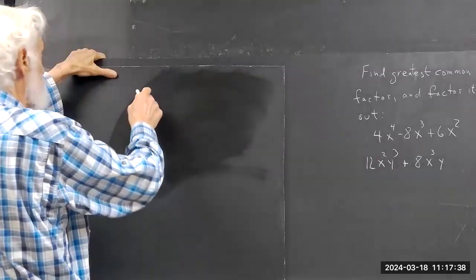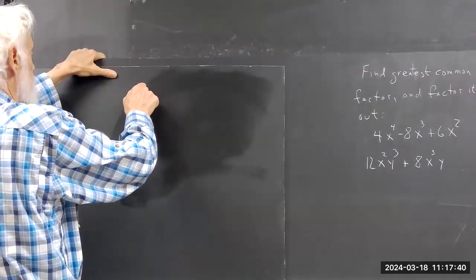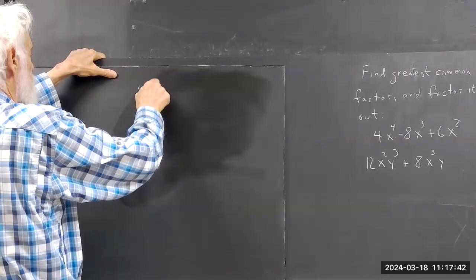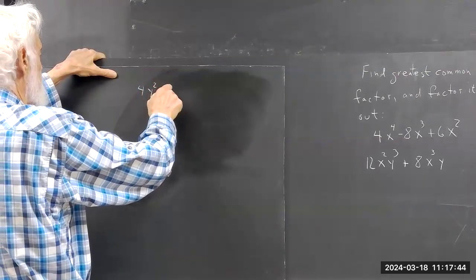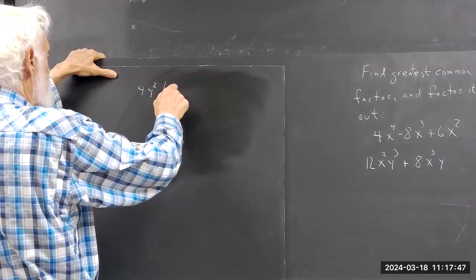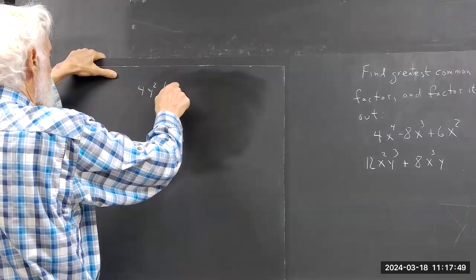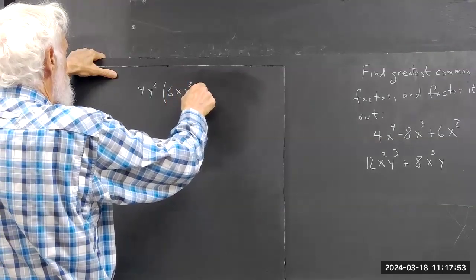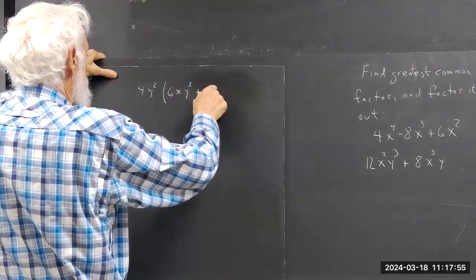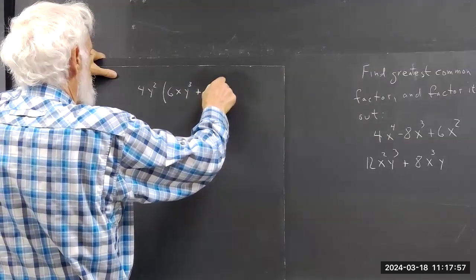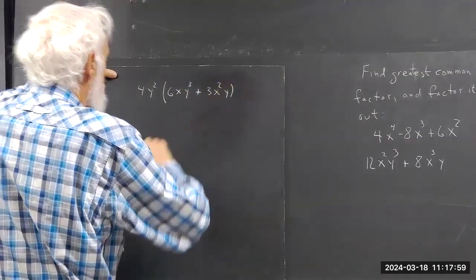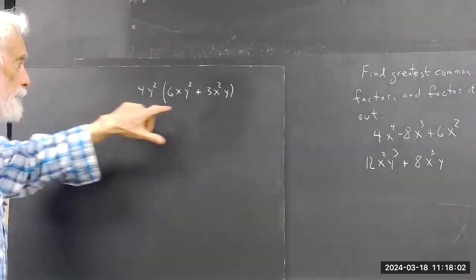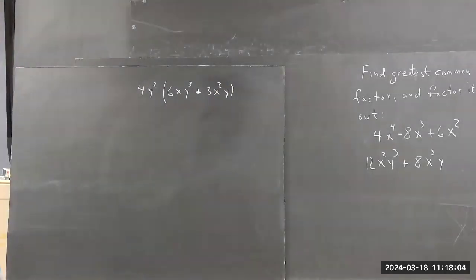So I'm going to just write a few expressions. Let's say we got 4y squared times 6x y cubed plus 3x squared y. Okay. What do we get when we multiply that out?